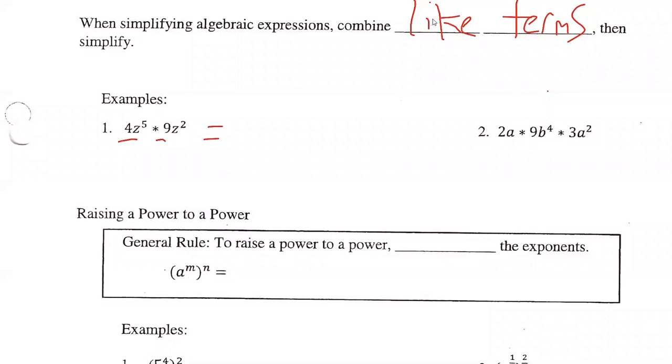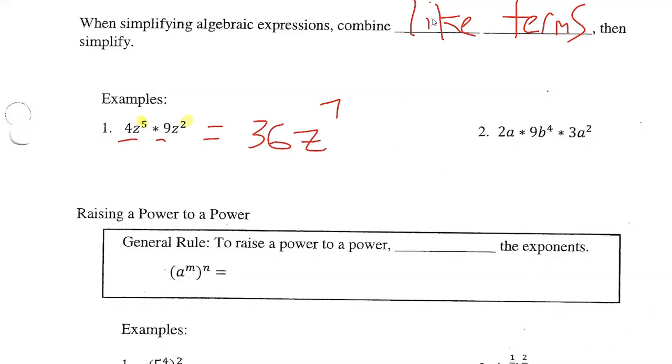So like 4 times 9 is 36, but the powers you add, because that's really 5 z's times 2 z's, so you have 7 z's in total. So you multiply the coefficients, but you add the exponents from what we saw above. So try and keep that straight. I know because you're switching operations, sometimes it's easy to mess that up.